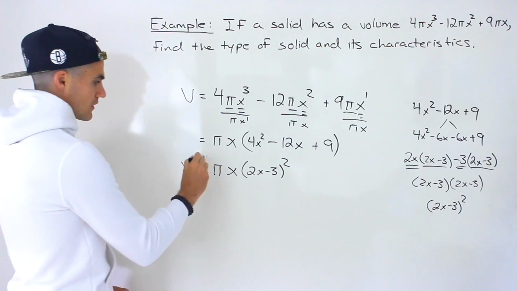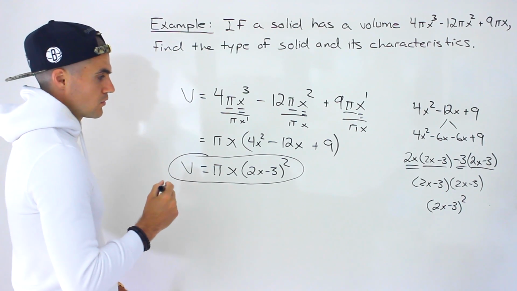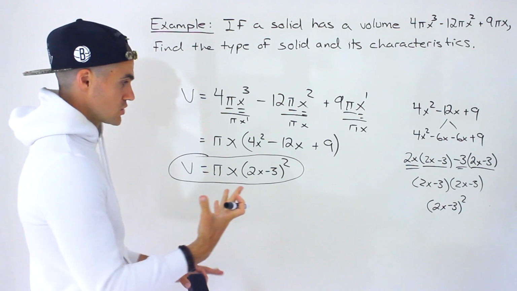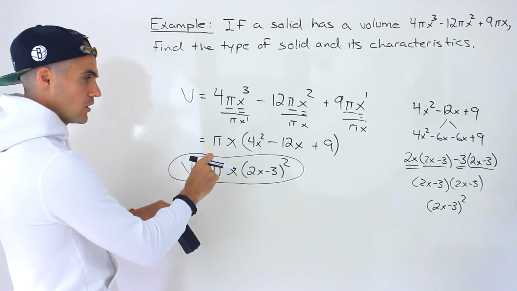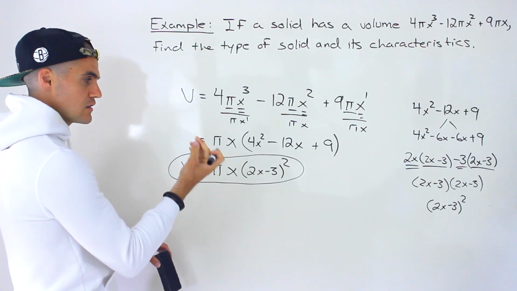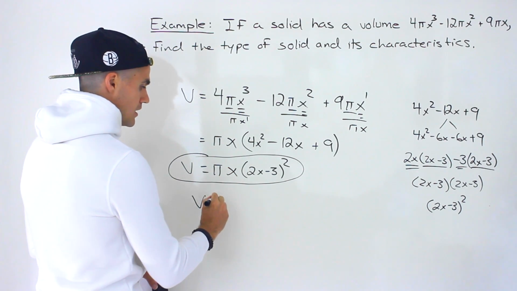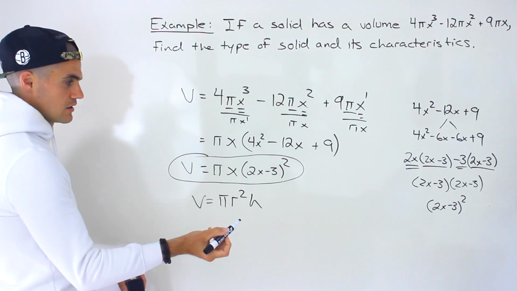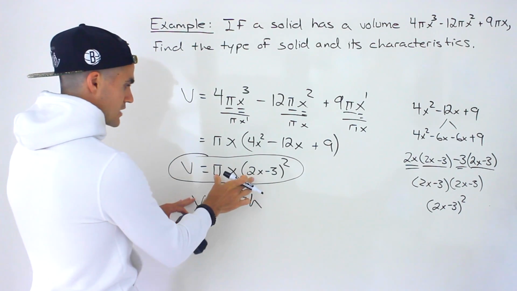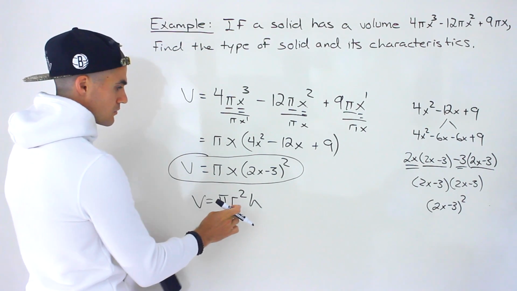If you look at this, what is a volume expression that would be in this kind of format? Notice it's going to be the volume of a cylinder. We know the volume of a cylinder is pi r squared h. Let's take the formula and rewrite it.